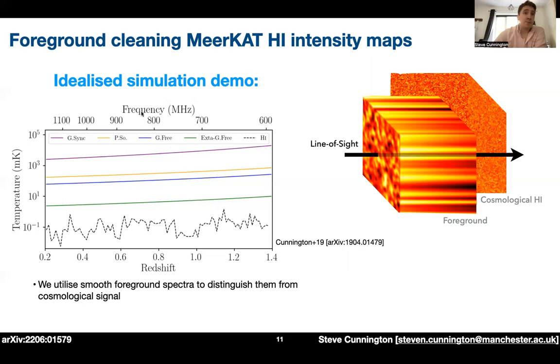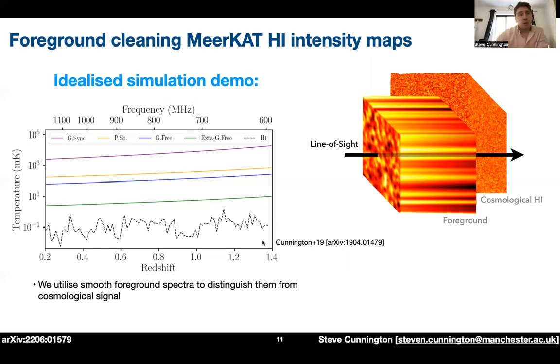We take the frequency covariance of the data. Because the foregrounds are very correlated in frequency, the first few principal components of this data should contain the correlated and very dominant foregrounds. You remove those dominant principal components, and it should leave behind the cosmological H1. And that's exactly what we do in our real data.